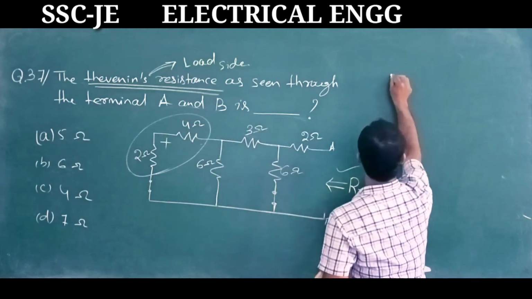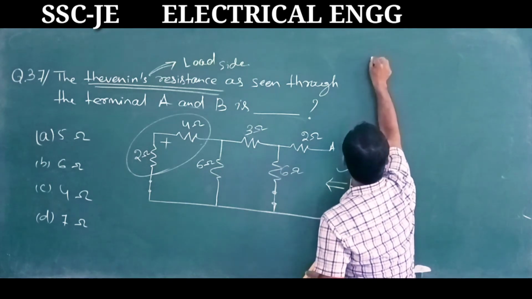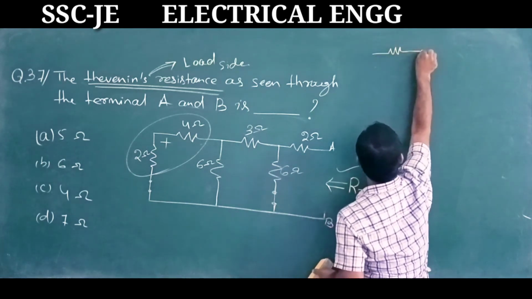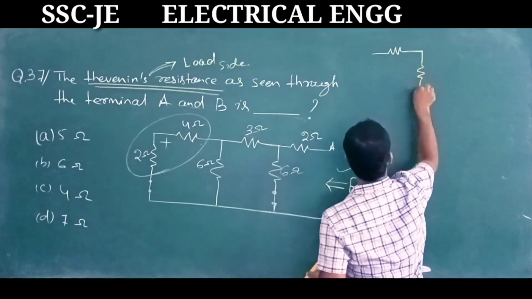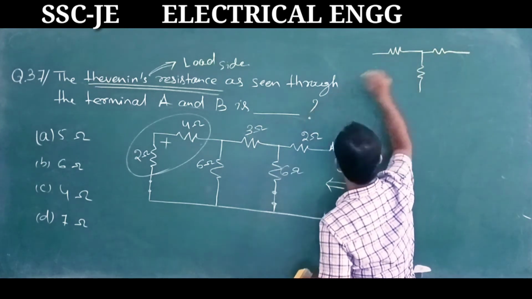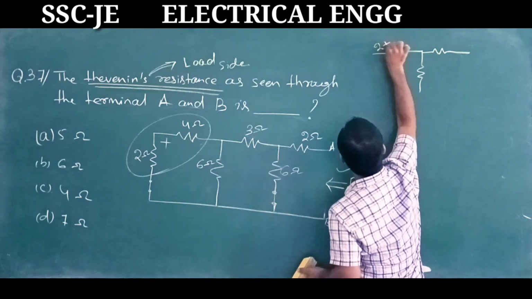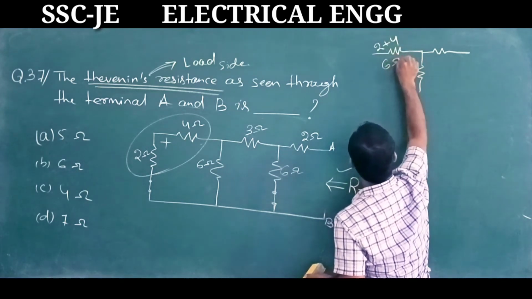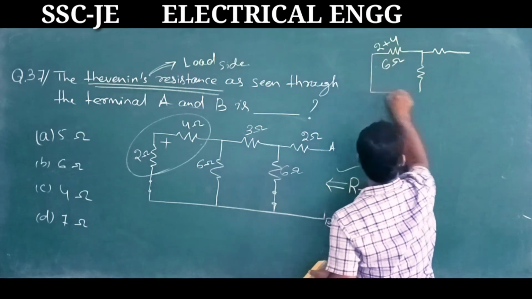So the resistance will add up here. The total resistance is, I am drawing the circuit one by one, your 2 ohm. So this is your 2 plus 4 ohm, so 6 ohm.